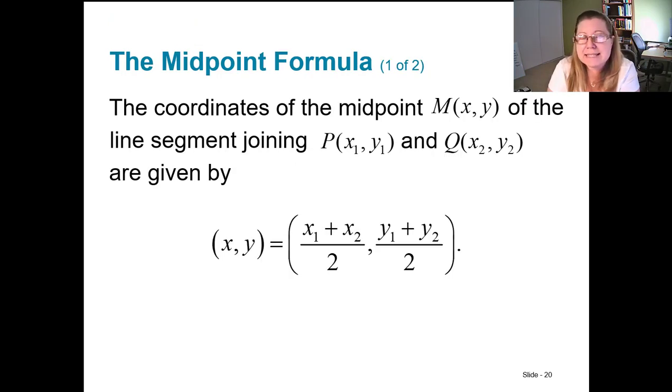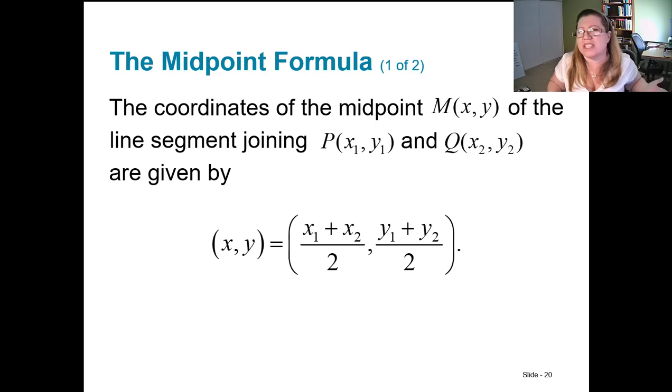The last thing in this lesson I want to chat about is the midpoint formula. Meaning if we have 2 points, where is the halfway point between them? And we have a nice little formula for that. If I want to go to the halfway point between 2 points, then I'm going to go half the distance of the x difference and half the y difference.